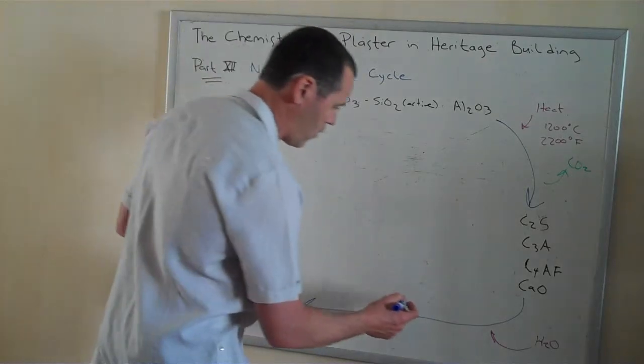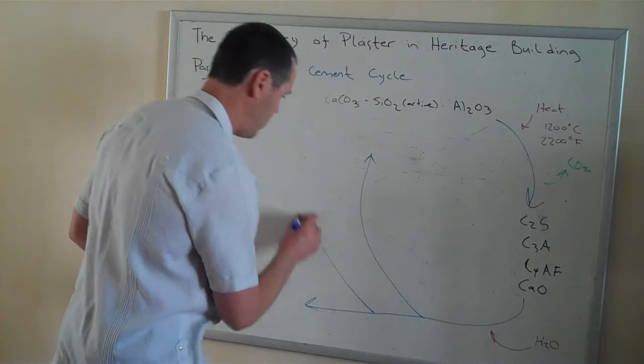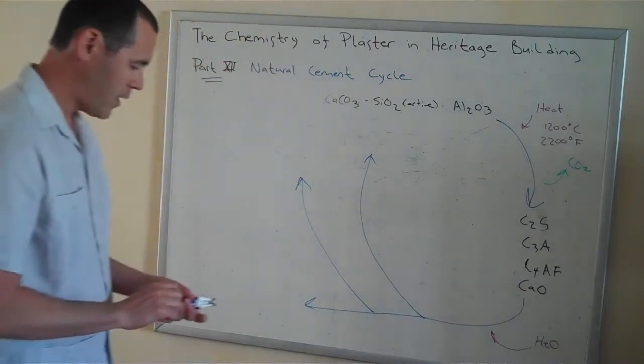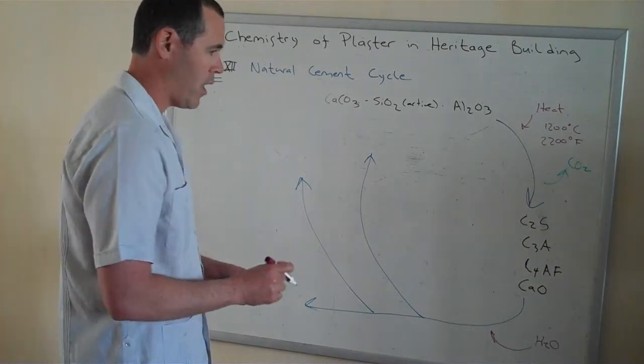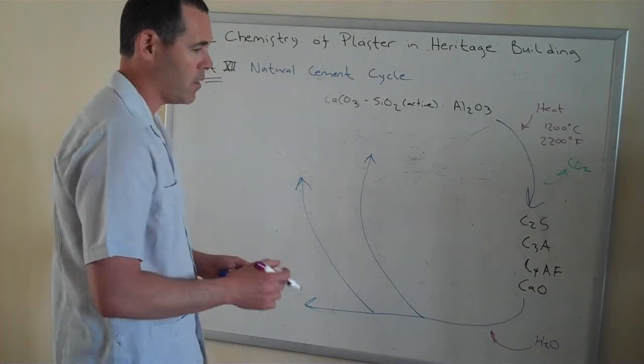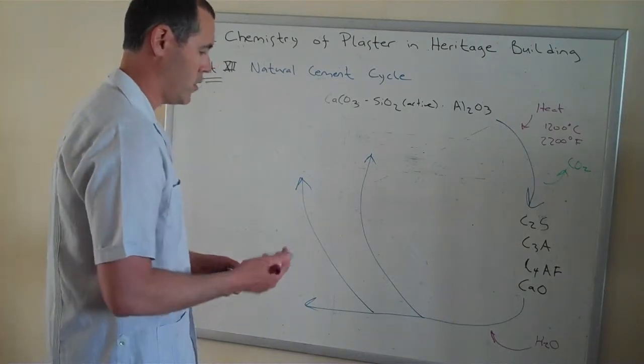And we're going to get 3 different reactions. And I'm going to present them in the order that they take place. So first, we have our free lime that is combining with our aluminate clinkers.